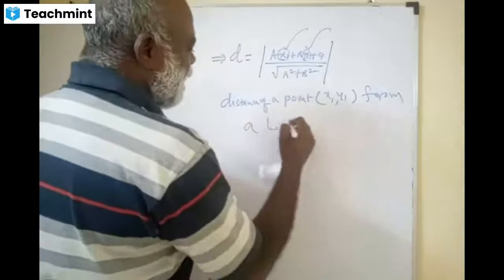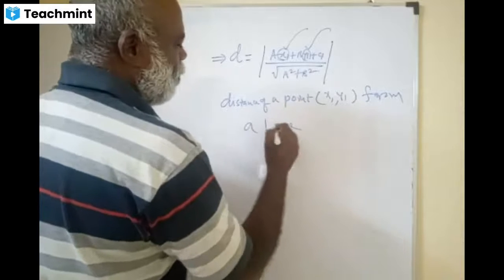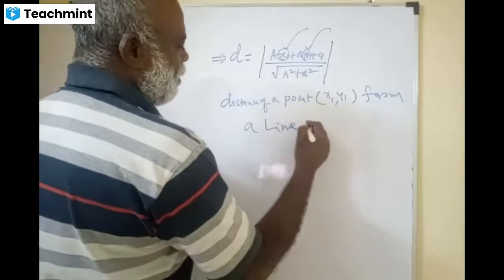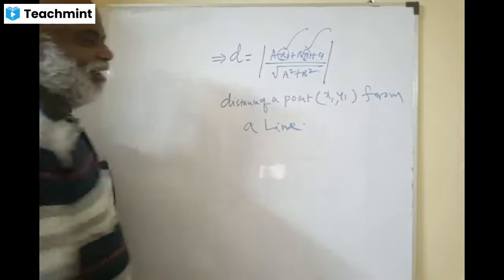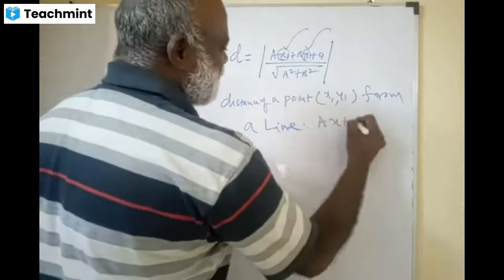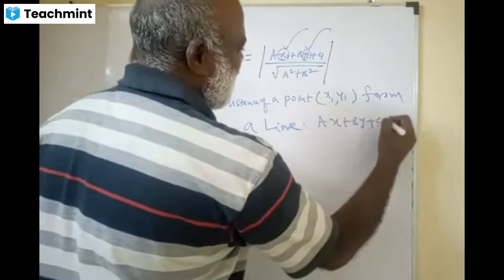Which is that line, ma? ax plus by plus c equal to 0.